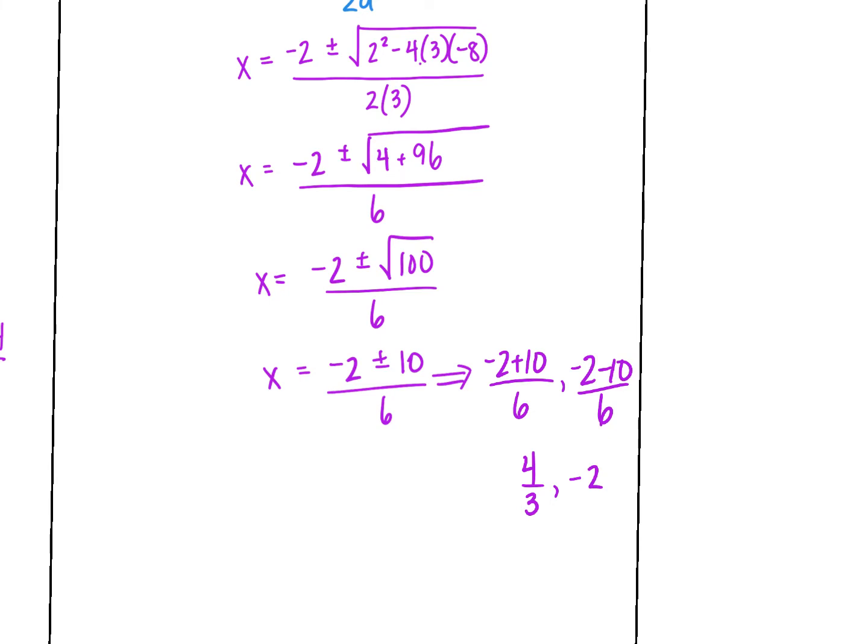So your roots are 4/3 and negative 2. Now, this one you could use the AC method for, factor it, or you could choose to use the quadratic formula. So let's take a look at another one.